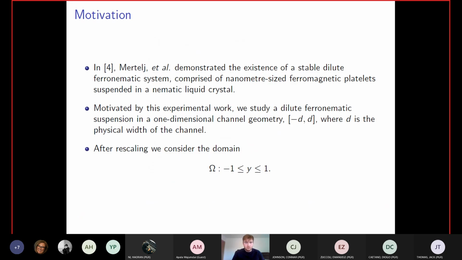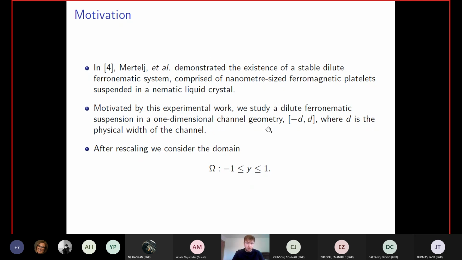In terms of the motivation for this work, this comes from experimental studies done by Mertelj and others, in which they demonstrated the existence of a stable dilute ferronematic system using platelet-shaped MNPs in a nematic liquid crystal host. They find the stability of the system arises because of the interplay between the nematic forces and the magnetic interactions between the particles.